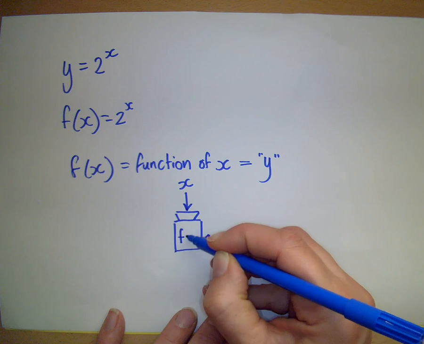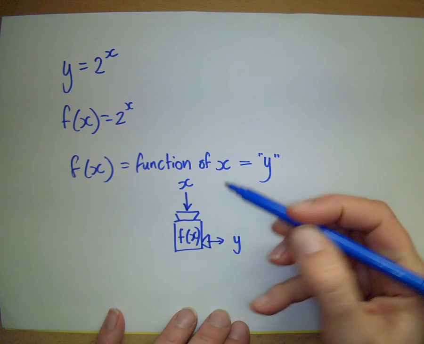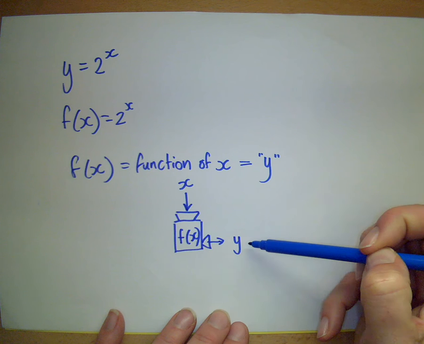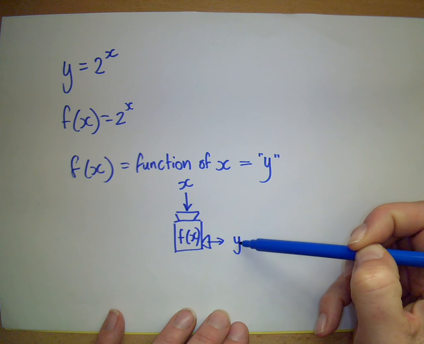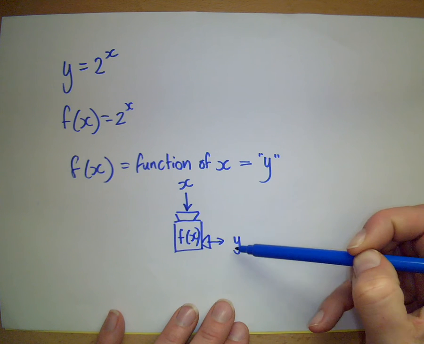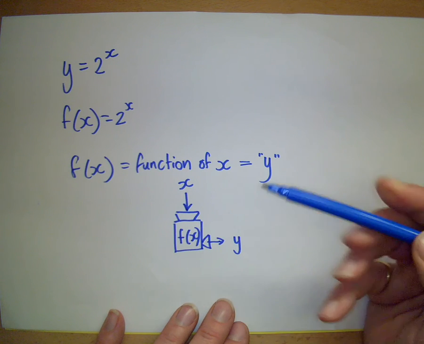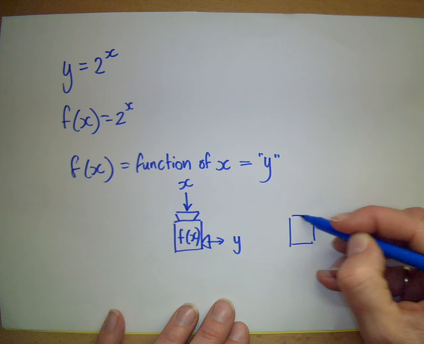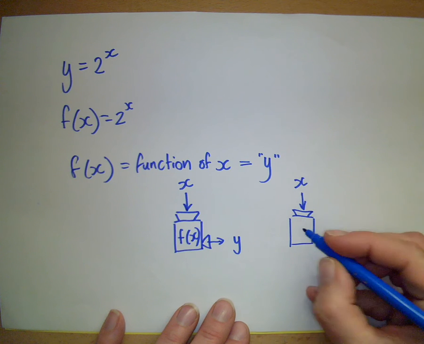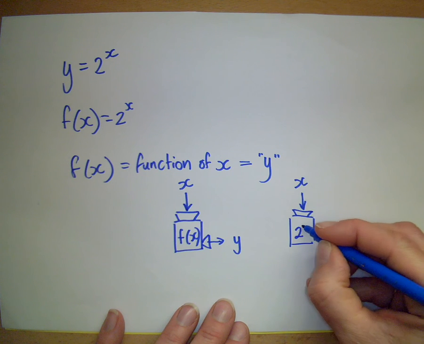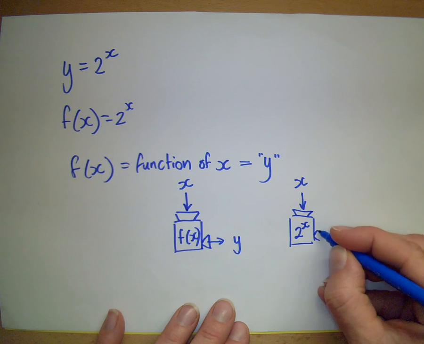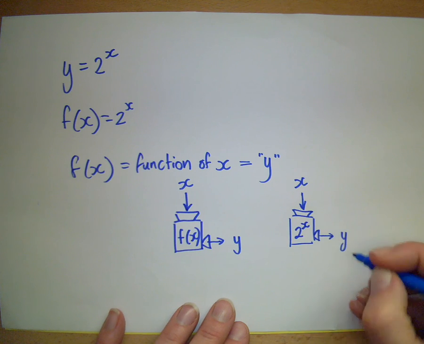It's a function that uses x, right? Function of x. Put x into it and we'll give you an answer. The answer will be called y, or we could call it f(x). So our machine that we worked with in our example problem was: x goes in, the function was, we do 2 to the power of that x, and it spits out a y value.